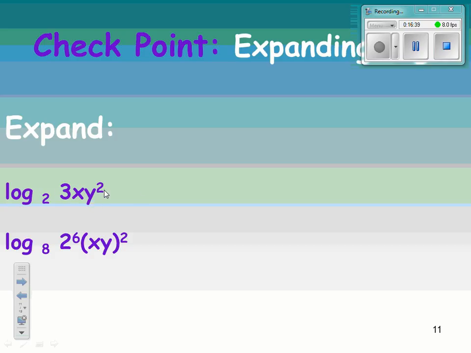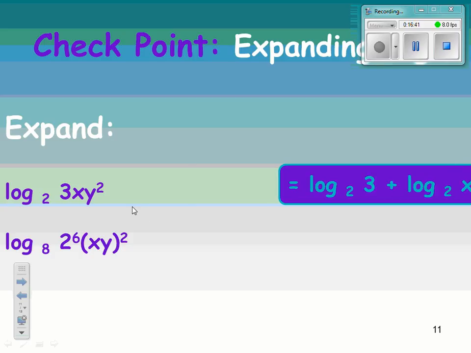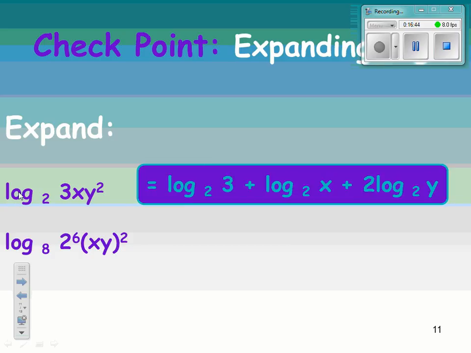So if I start writing this as I expand it, I'm going to have log base 2 of 3. Okay, we got multiplying here, so I'll write a plus sign. Log base 2 of x plus log base 2 of y squared, but I can't leave y squared.